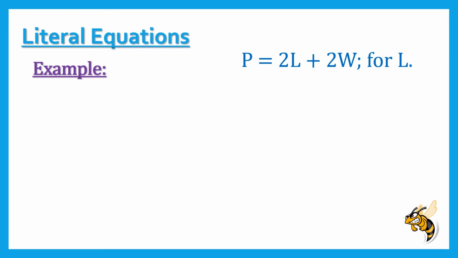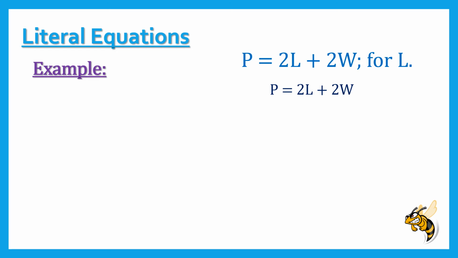Example, P equals 2L plus 2W for L. It's for L, so therefore I need to isolate L. The first thing I'm going to do is remove any term that does not contain an L to the opposite side.